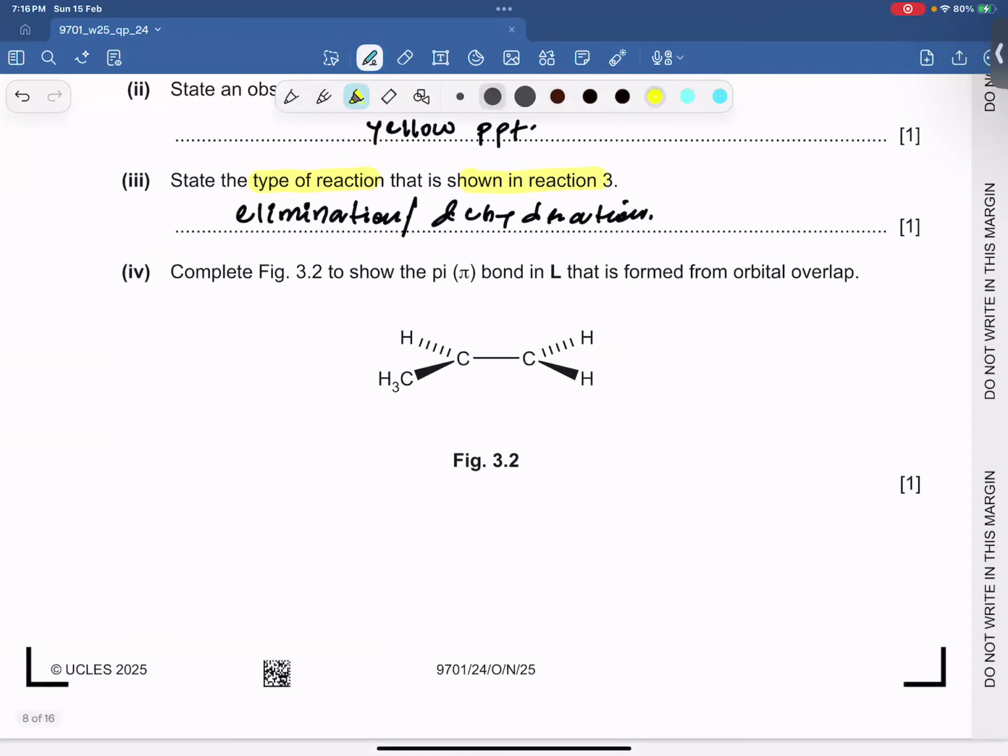Complete figure 3.2 to show the pi bond in L that is formed from orbital overlap. So make a molecular orbital like this. We did in the class, right? If you remember. So that is the electronic cloud of pi bond. Okay. I hope it makes sense to you.